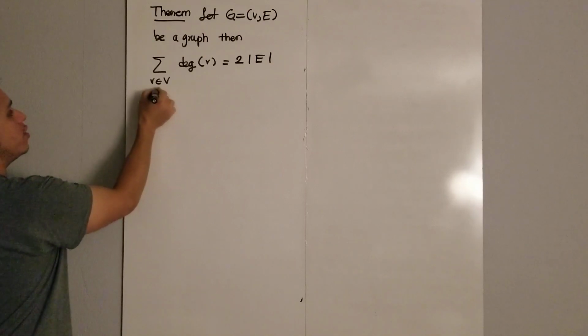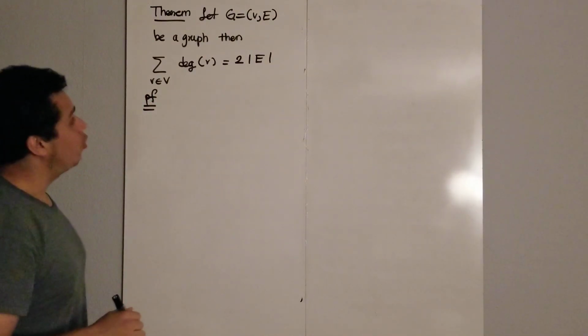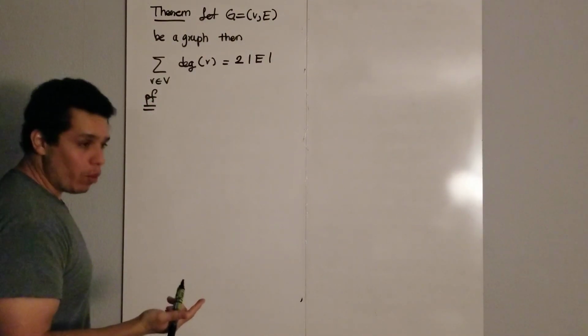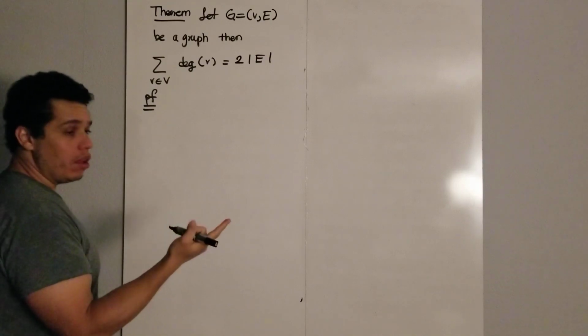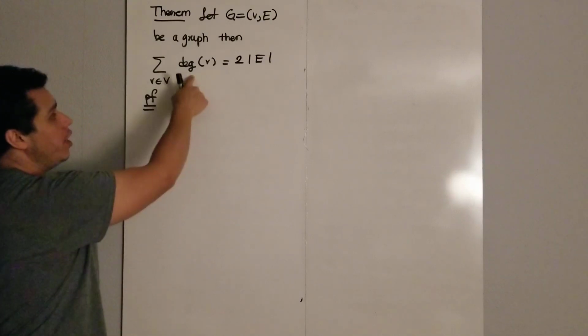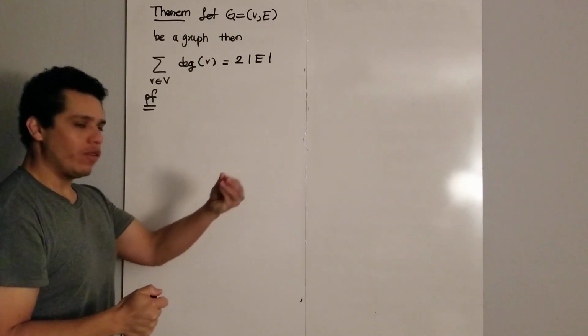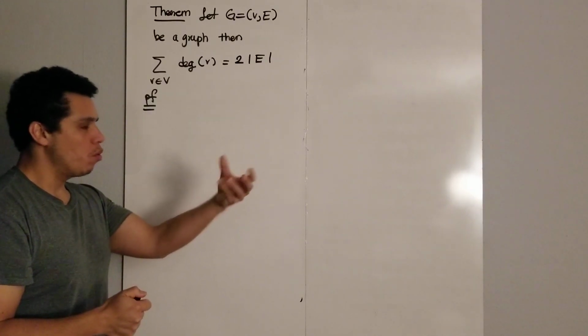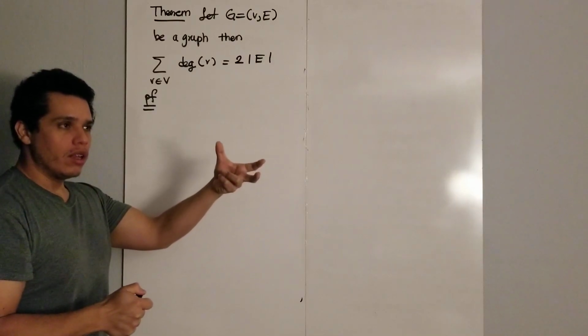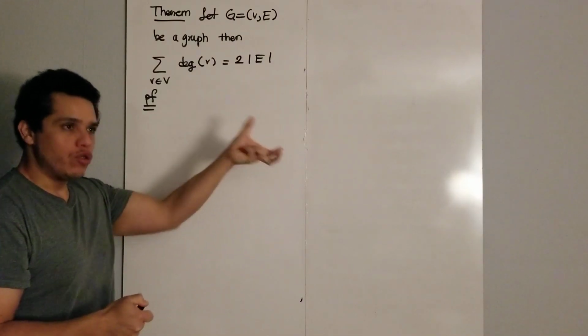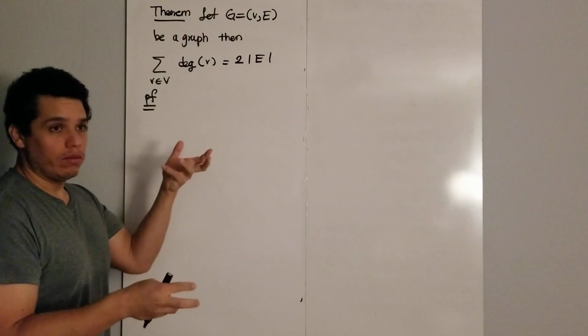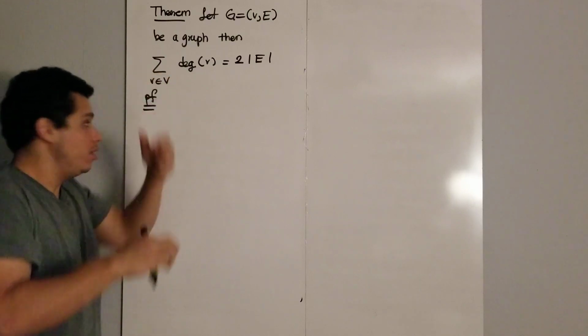And the proof of this is very simple. Why is that? Well, because as we count degrees, every time that we count an edge, we're counting towards the degree of two vertices. And, well, boom, that's it.